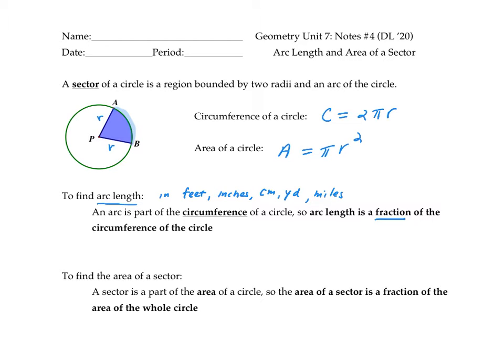So what you do is you take the angle measure and divide it by 360, and that'll tell you what fraction of the circumference you're dealing with, and then you multiply by 2 pi r. So in other words, our little formula, we're going to have A divided by 360 times 2 pi r. And again, this is equal to arc length.